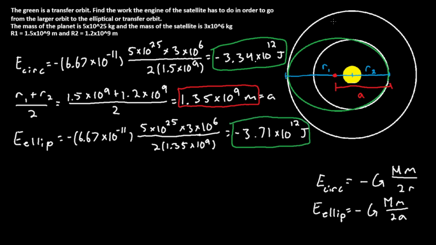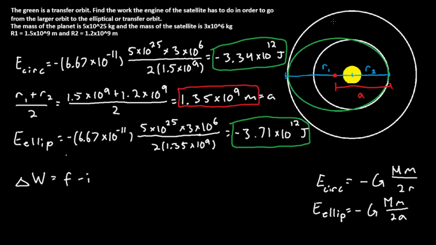So now that we have both of these energies, what can we do? Well, if the larger orbit is the initial and the elliptical orbit is the final, the change in energy, or work, is equal to final minus initial energies.